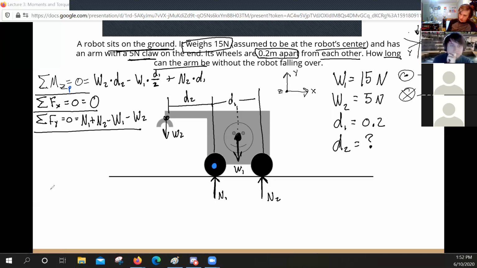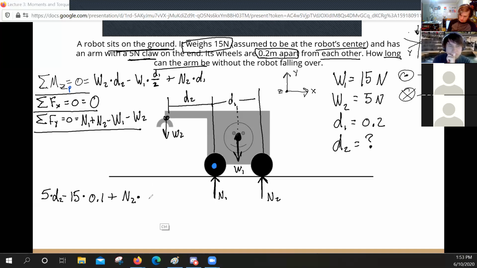So W2 equals 5 newtons times D2, which is what we're looking for, minus 15 newtons times 0.1, because that's 0.2 divided by 2, plus N2 times 0.2.